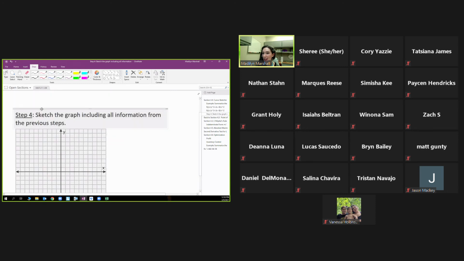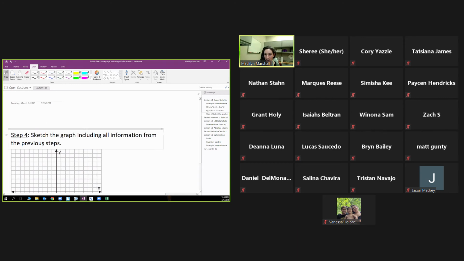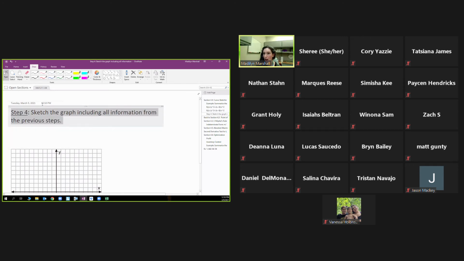All right, so our step 4 is to sketch the graph, including all information from the previous step. So everything we just found should be a part of our graph. This is easier when you're working on a piece of paper or in a notebook because you can flip back and forth, but I'm just going to write all of our information that we just found.